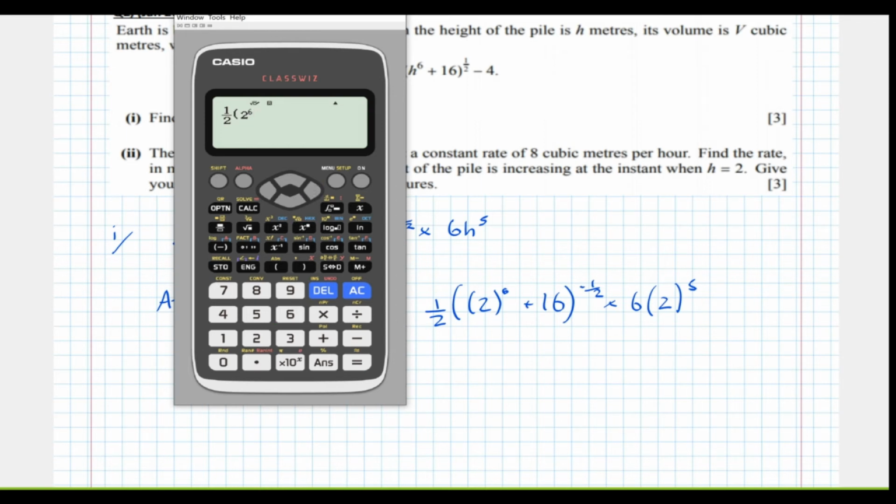Notice I always put brackets around things I'm subbing in when I'm writing it down, just to remind myself to check whether it's positive or negative. Minus 1/2 times 6 lots of 2 to the power of 5, which is 10.73.